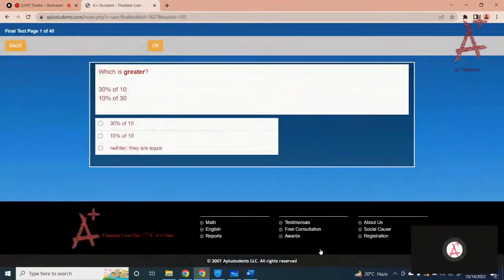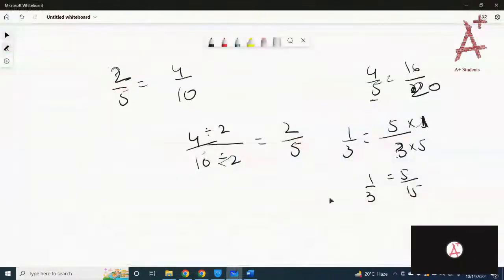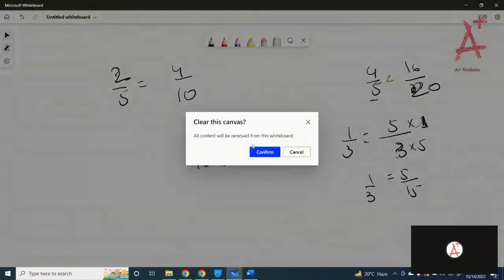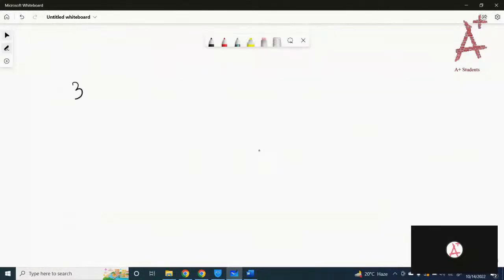Okay, which is greater? You're given two percentages, 30% of 10 and 10% of 30. Which is greater? 30% of 10 and 10% of 30, I think.